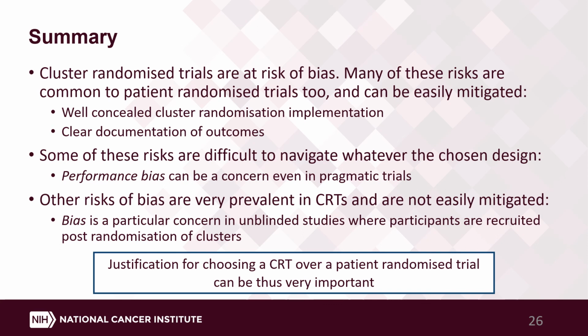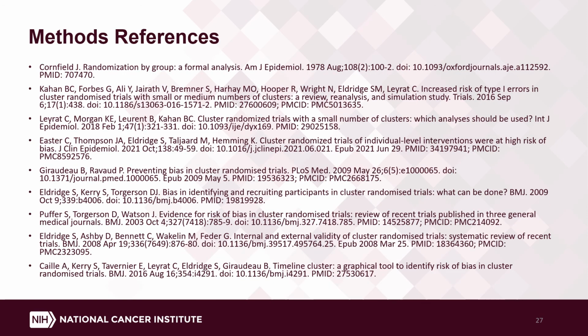The bias of particular concern here is to do with the identification and recruitment of patients or participants after randomization of clusters to treatment arms. For this reason, justification for choosing a cluster trial over a patient randomized trial can be very important, because this type of bias wouldn't arise in a patient randomized design.